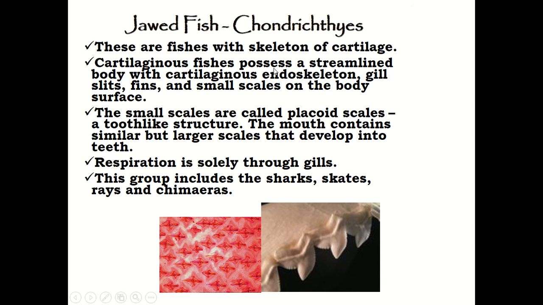Cartilaginous fishes possess a streamlined body with a cartilaginous endoskeleton, gill slits, fins, and small scales on the body surface. The small scales are known as placoid scales, which look like a tooth structure. The mouth also contains similar but larger scales that develop into teeth. Respiration for chondrichthyans is solely through the gills, and this group includes, as I mentioned earlier, sharks, skates and rays, and also chimaeras.